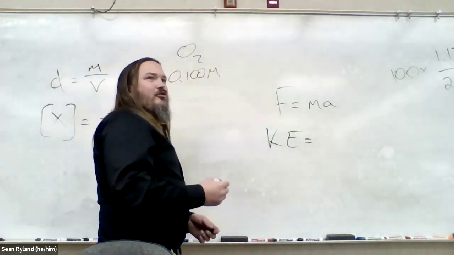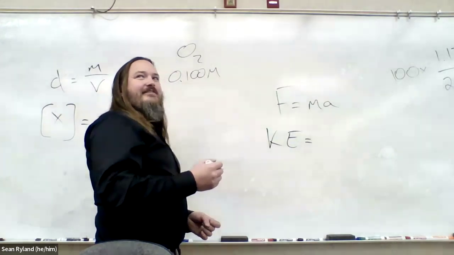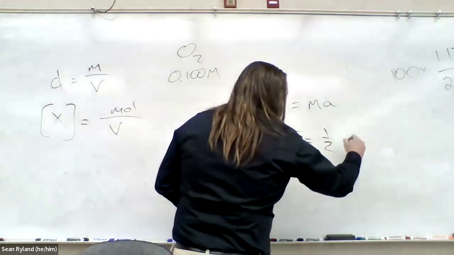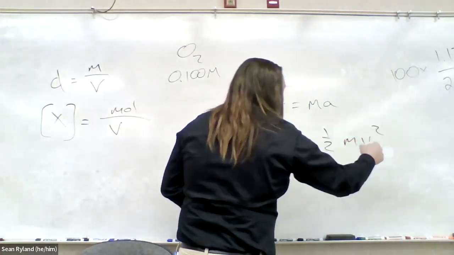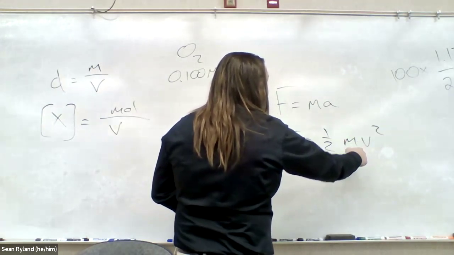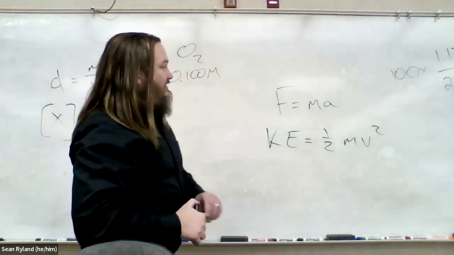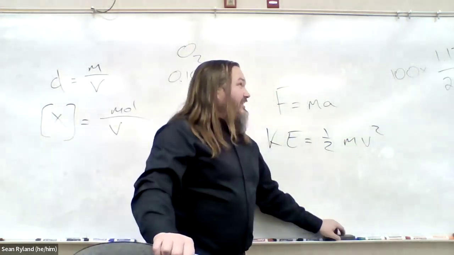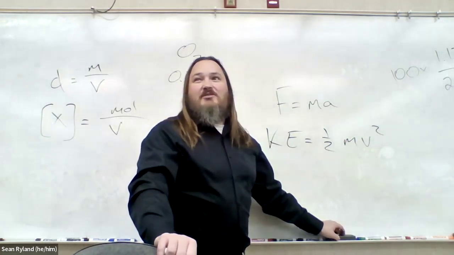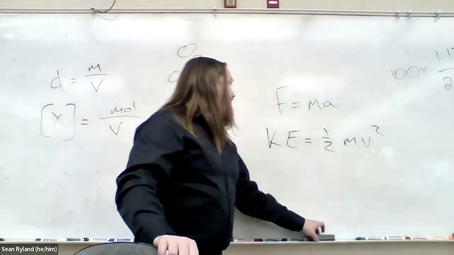What is the equation for kinetic energy? One half mv squared. Which is not quite the same as acceleration. I don't remember the derivation for this one off the top of my head. I'm sure we could work it out, but that's beyond what we're trying to do right here.